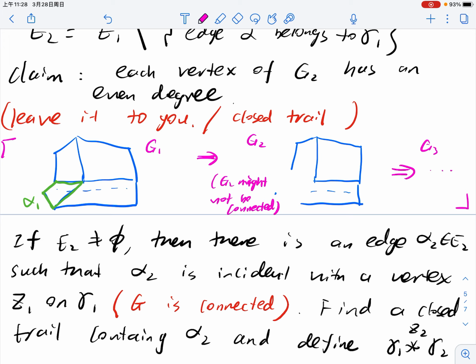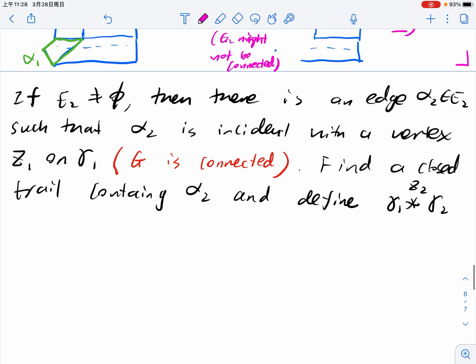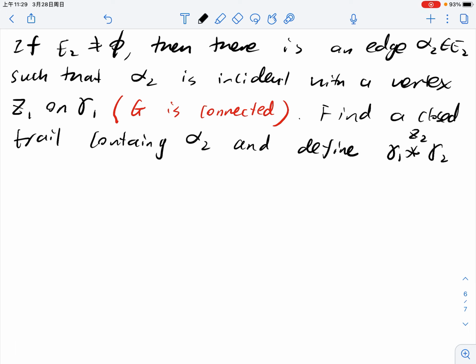We only use the connectivity of G. This is a subtle point, although not as important as some other issues, but it's still a subtle point. So what is gamma 1 star gamma 2 z2? This is gamma 1 plus gamma 2.